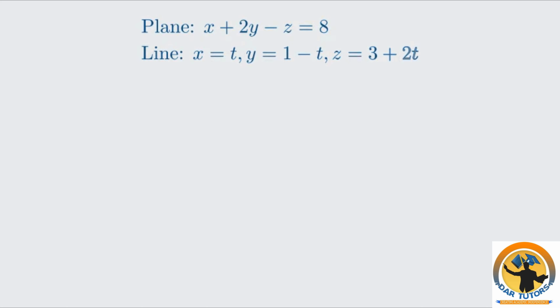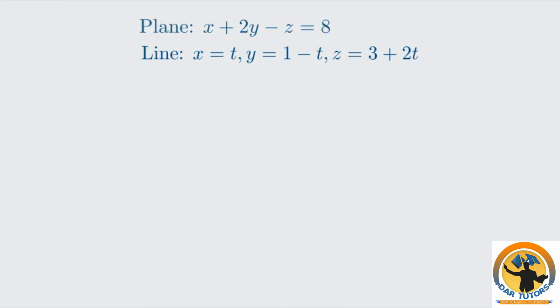We need to find the angle between the plane x plus 2y minus z equals 8, and the line with parametric equations x equals t, y equals 1 minus t, z equals 3 plus 2t. First, we need to identify the normal vector, n, for the plane, and the direction vector, d, for the line.